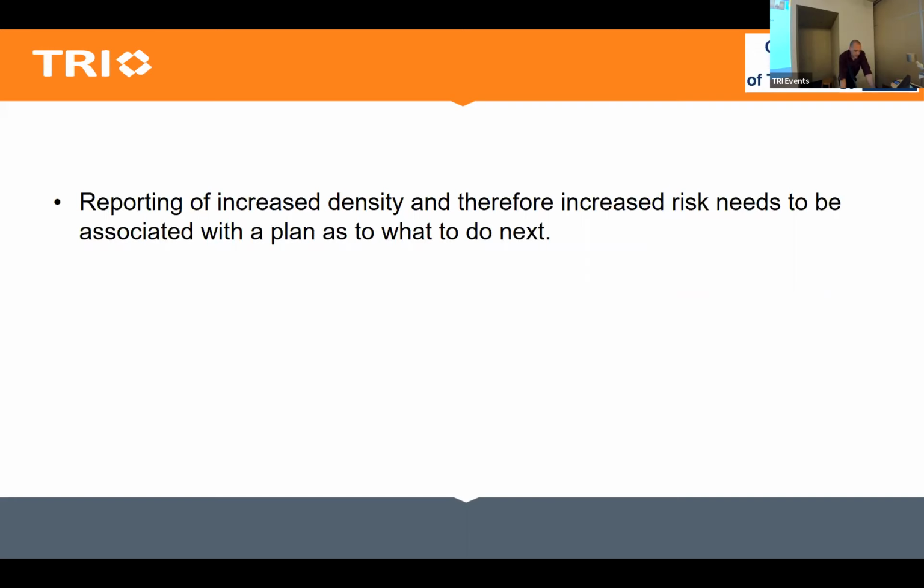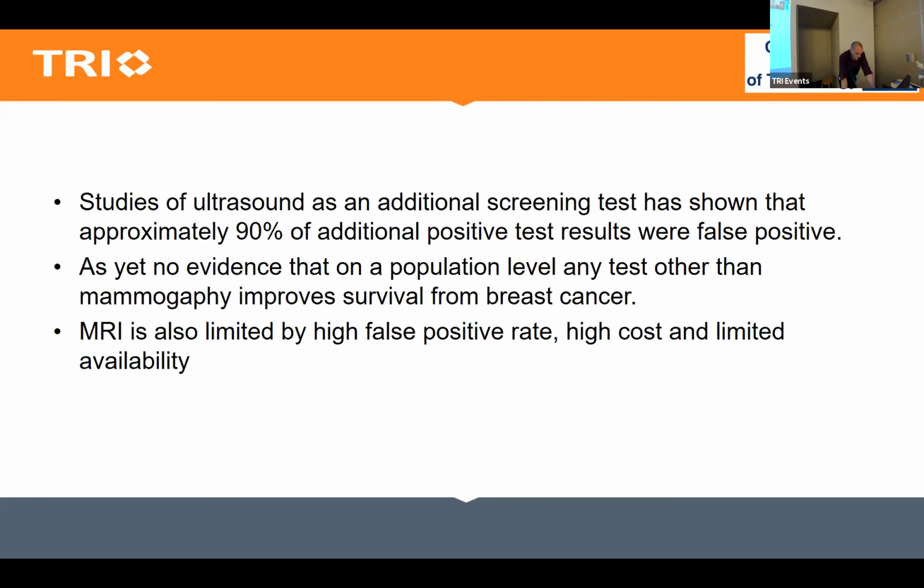So if you have increased density, that's important, but we need to know what to do with it. There have been a lot of studies on exactly this subject, as you would imagine, which are looking at the addition of ultrasound as part of a screening paradigm, as well as the addition of MRI as part of a screening program. And in both instances, what it has found is that there's an increased pickup of breast cancers, but there's also an increased pickup of a whole lot of other things that are not breast cancers.